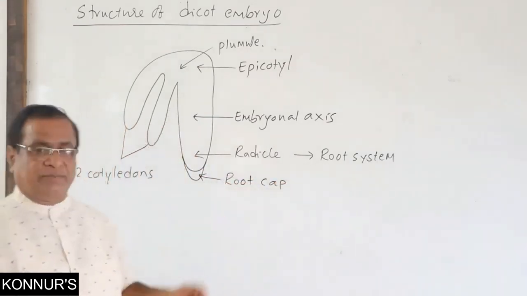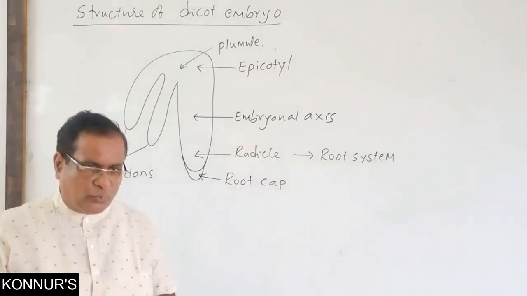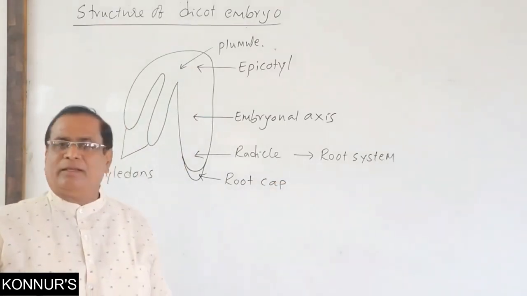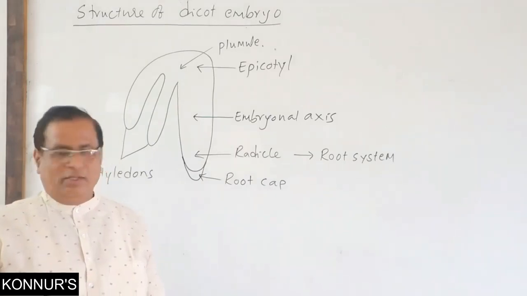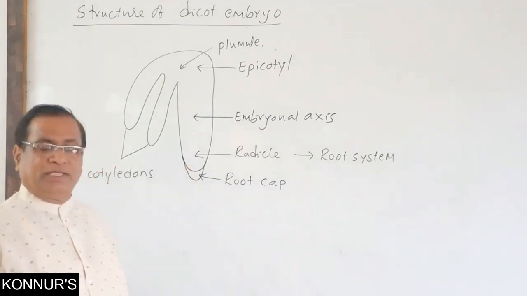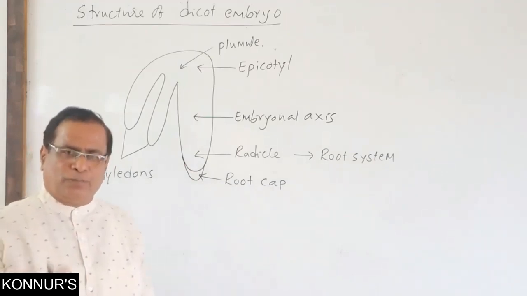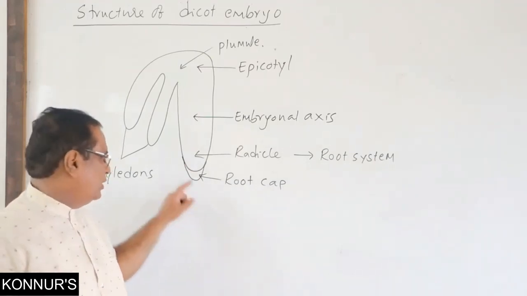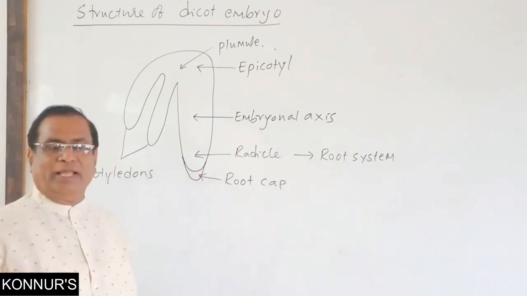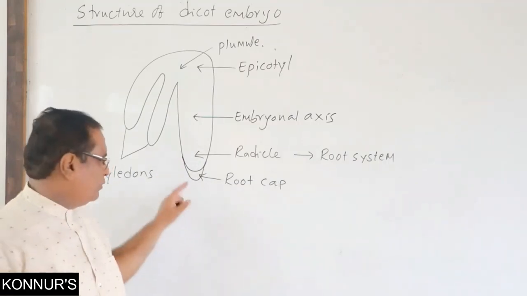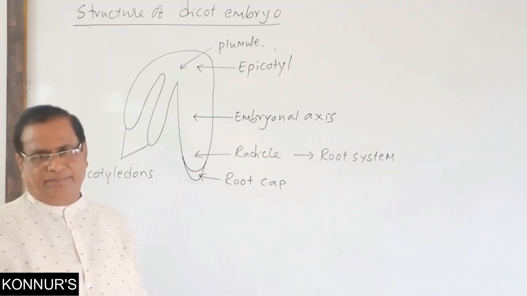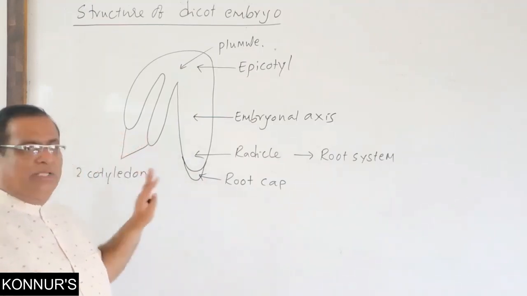Once the root system is developed, it has to penetrate through the soil, but at the tip there is a meristematic, very delicate tissue. To protect that delicate tissue, it should have a root cap. This is about the structure.